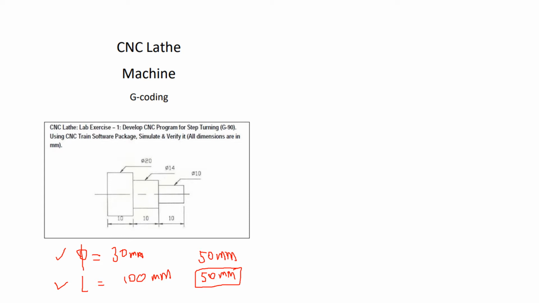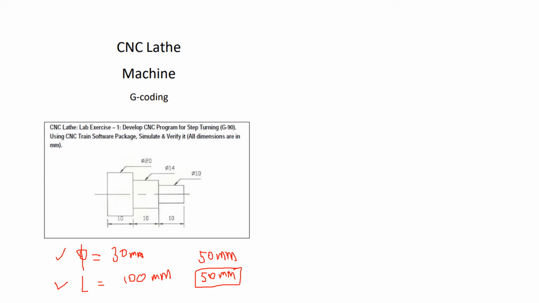So now we need to generate the G code for this experiment. One important thing which I mentioned during our lecture about G-code is that in milling or lathe operation you go step by step in reduction. Currently the workpiece is 30 mm in diameter.